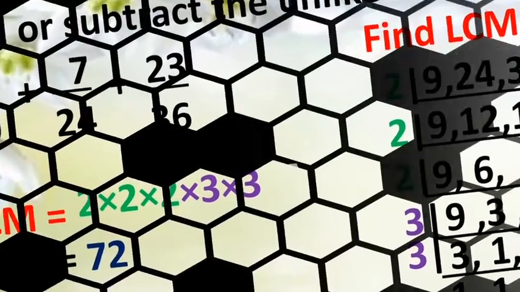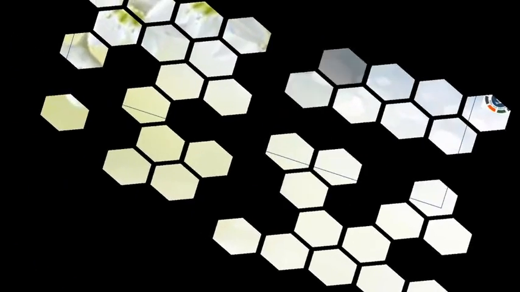So first fraction, you take and write 4 by 9. Now what is the LCM? 72. So what do you multiply by 9 to get 72? Use only the denominator. You know the ninth table, you have to tell which number multiplied by 9 gives 72. 9 eights are 72.